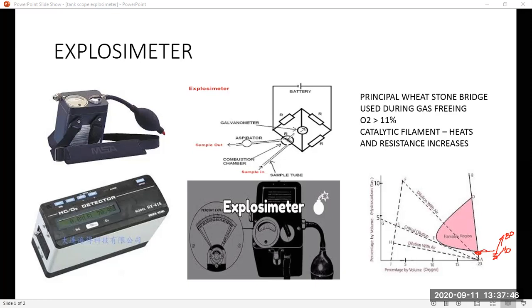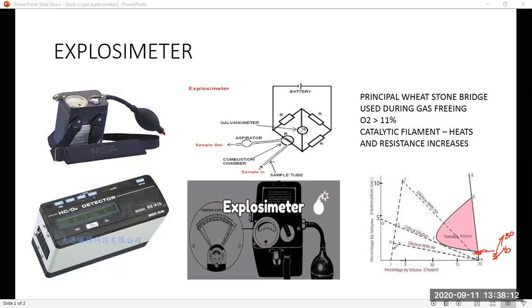HC plus O2 will give you H2O plus CO2 plus heat. That is what we studied in chemistry. So this heat which is produced will heat the filament, and because of the heat, the resistance will increase, and this resistance will be measured in the galvanometer, and that reading will be shown here again.